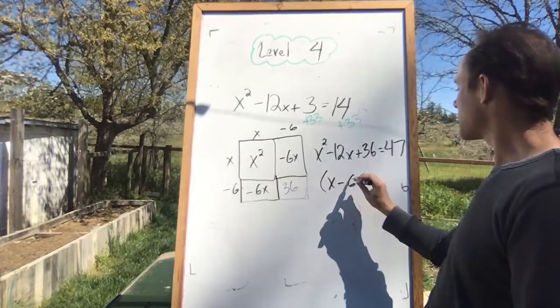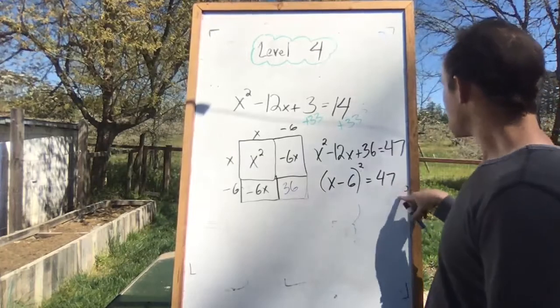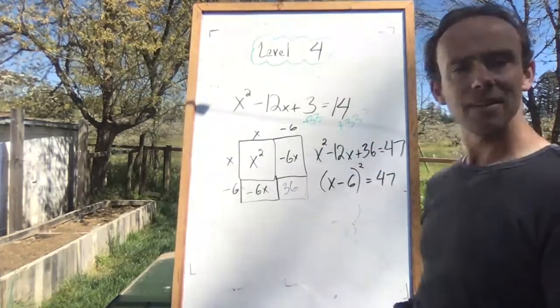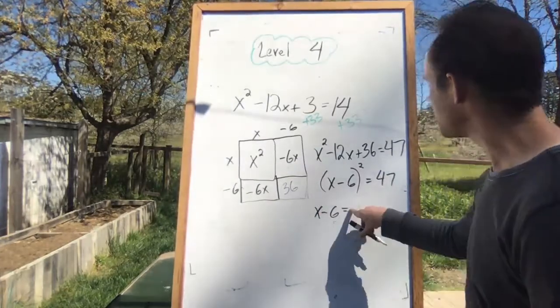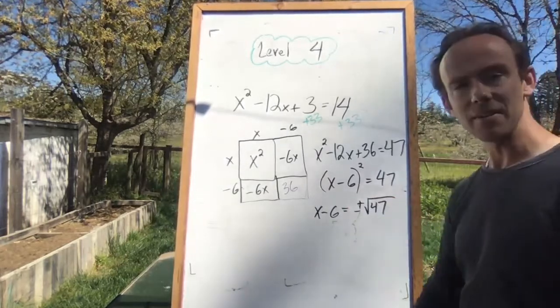So here we go. X minus 6 squared is equal to 47. Now it's a level 2. Something squared is 47. Therefore, that something has to be plus or minus the square root of 47.